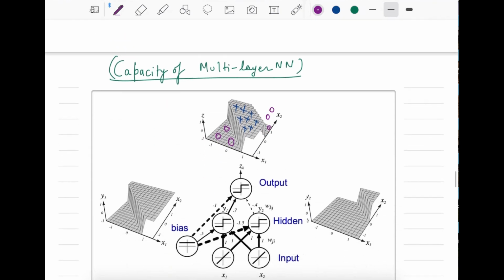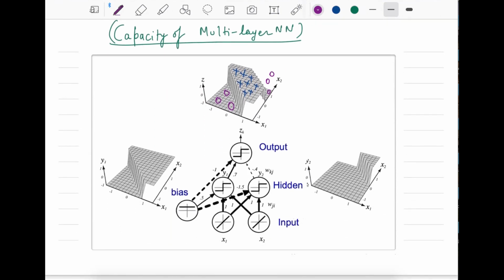So let's discuss the capacity of these multiple layers, as we have discussed earlier for the case of a single layer. As you will have multiple layers involved, you can see that these are the hidden layers. This hidden layer is implementing this, and this hidden layer is implementing this, which we have already discussed individually in our earlier slide, where we were focusing on a single hidden layer, single output, single hidden node.